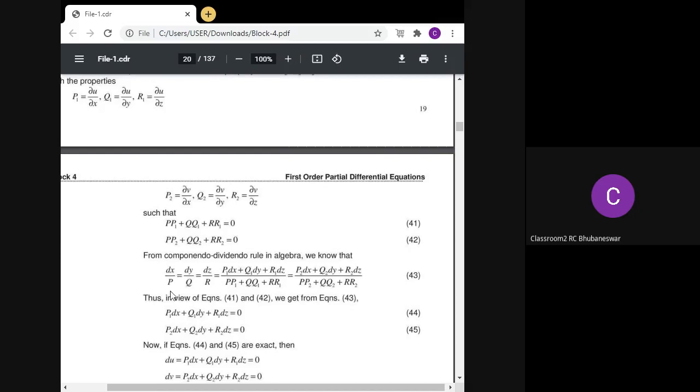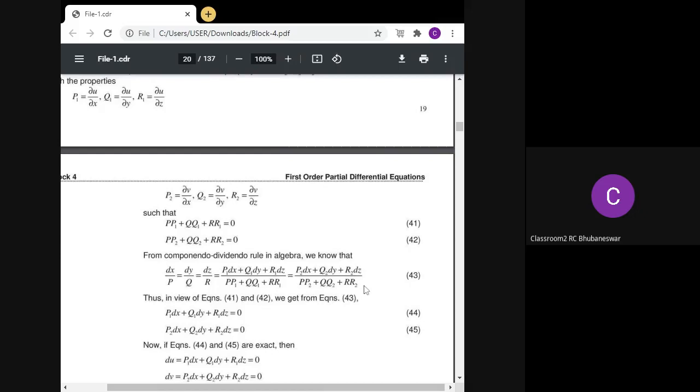Similarly, in the denominator, the same multipliers give P P1 plus Q Q1 plus R R1. In the same way, we can also use the other multipliers P2, Q2, and R2 in the first, second, and third fraction, and again use the componendo dividendo rule to represent this expression in the last fraction.